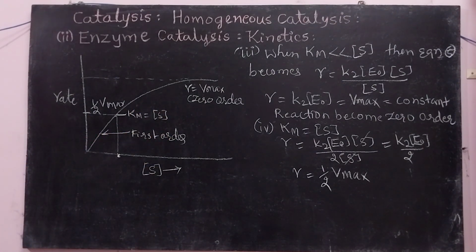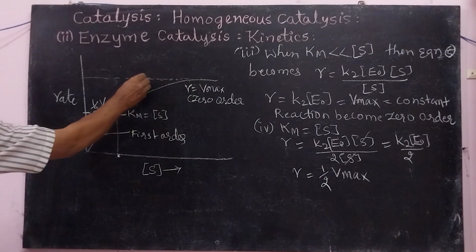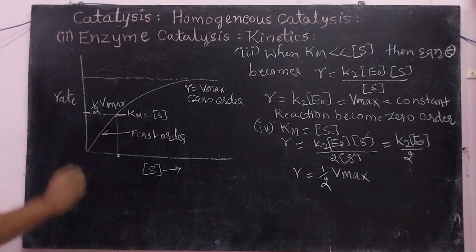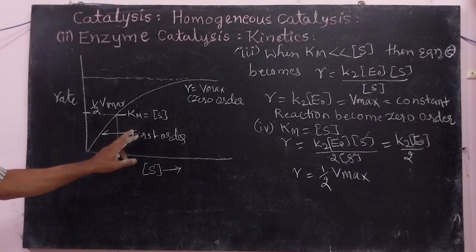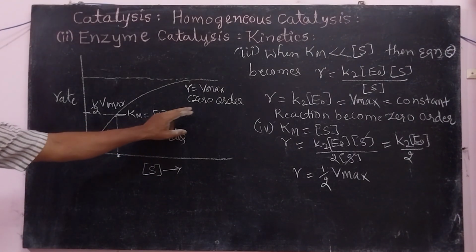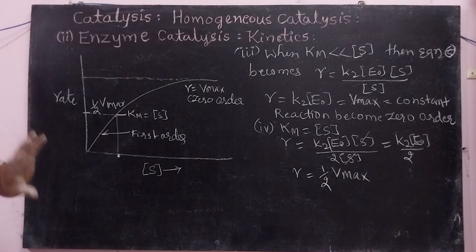When the maximum velocity, the maximum rate, is there, the reaction becomes zero order. This reaction may be first order, may be zero order, or in between them there is fractional order. This is about the conditions.